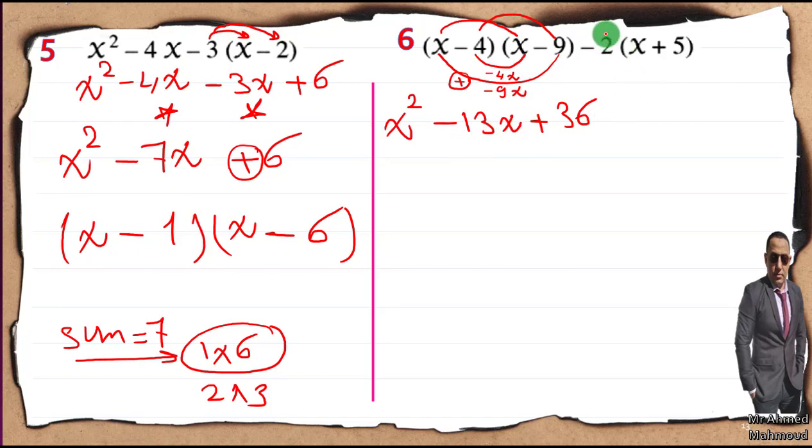Here I'm going to expand this one by distribution. Negative 2 times x equals negative 2x, negative 2 times 5 equals negative 10.